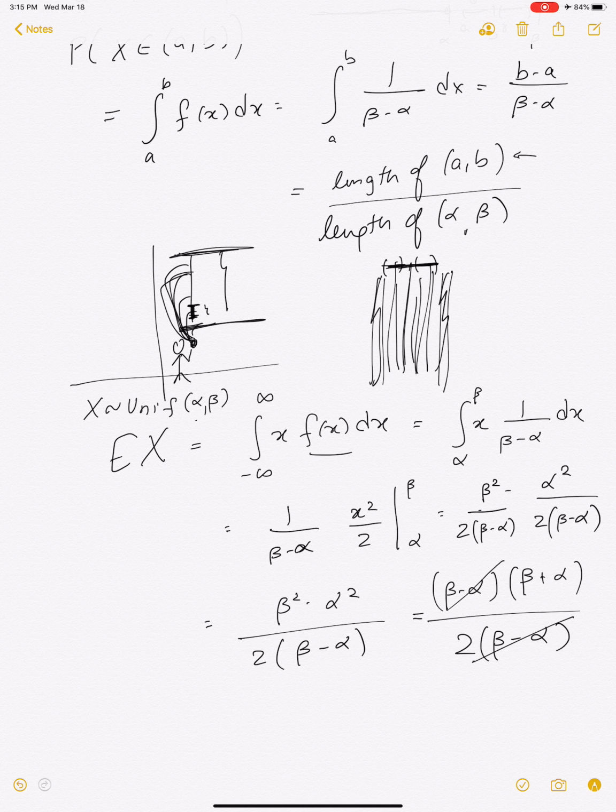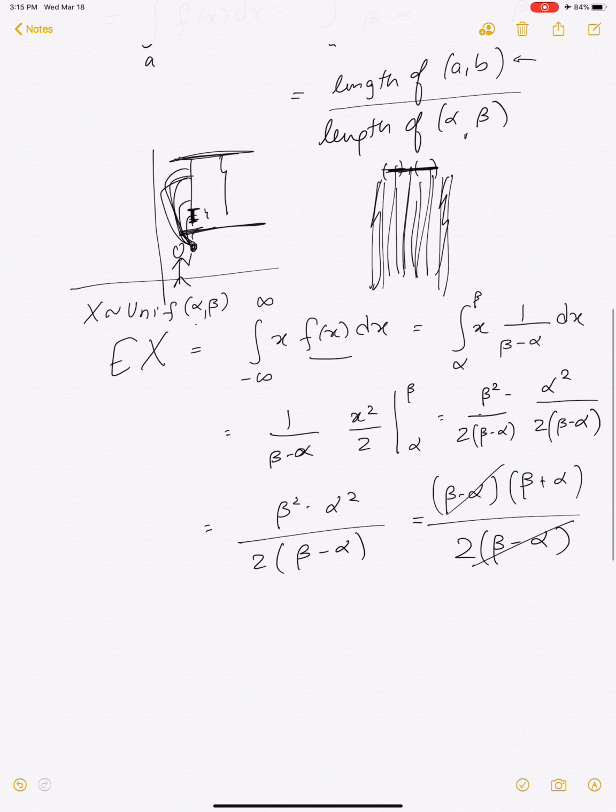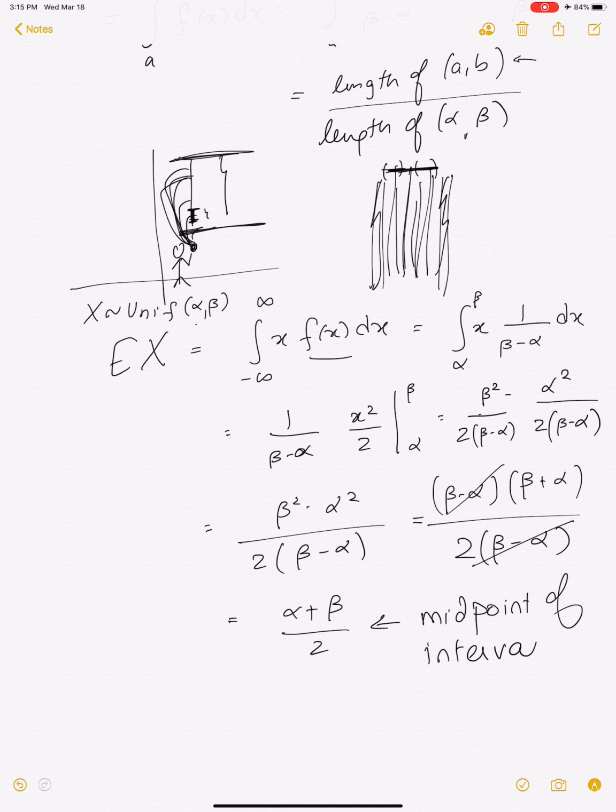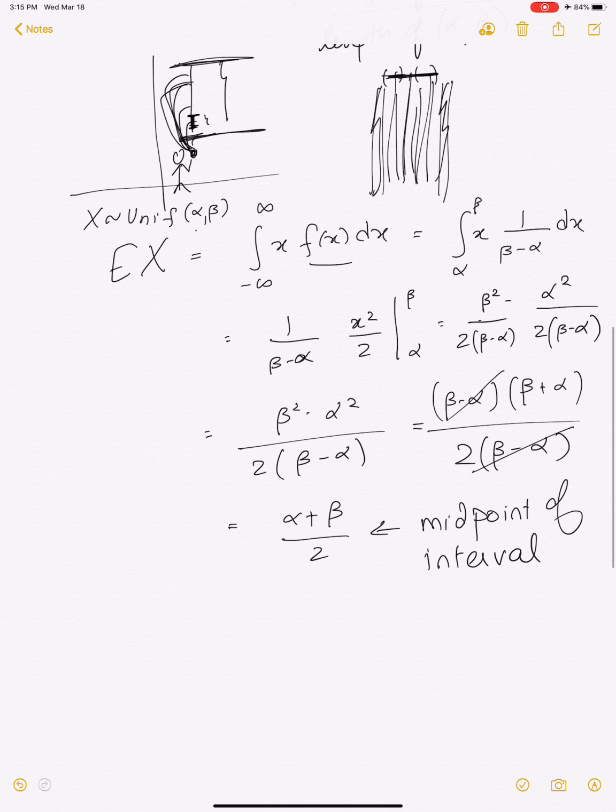These cancel. Beta is not equal to alpha, so that's not 0, so you can cancel it. So the answer is beta plus alpha over 2, or alpha plus beta over 2. So it is exactly the midpoint of the interval. Okay, and intuitively too, that's what you would expect, that the expectation of this random variable is exactly the midpoint.